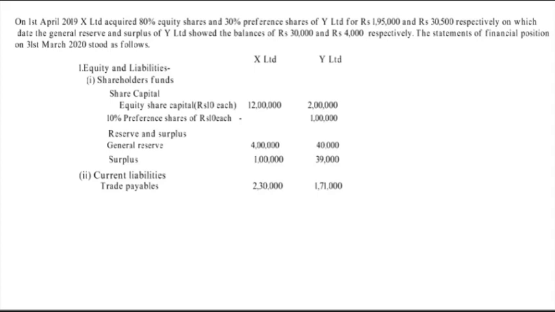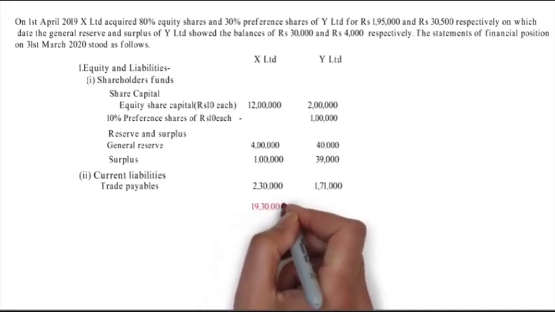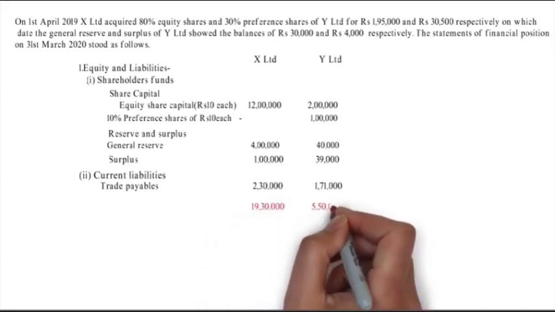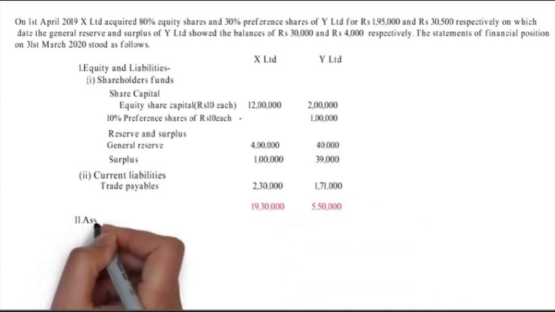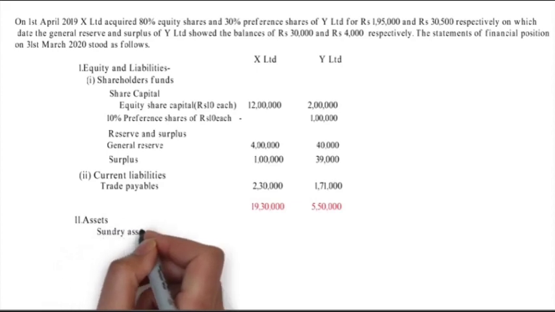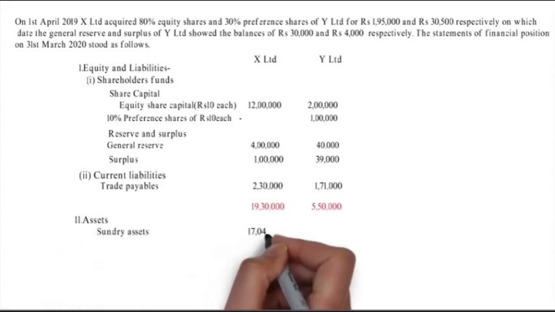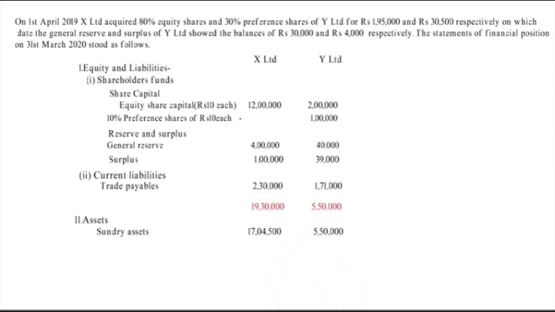Then total of equity and liabilities, X Limited 19,30,000, Y Limited 5,50,000. Then assets, sundry assets, X Limited 17,04,500, Y Limited 5,50,000.